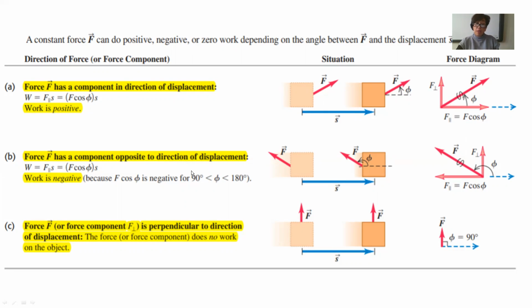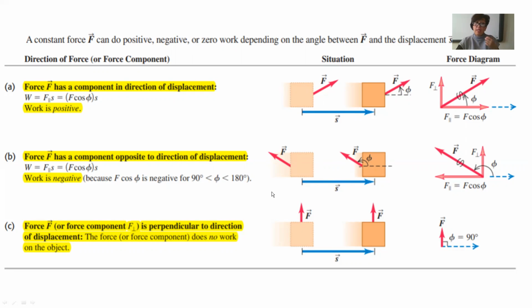And part number B, here the force has a component opposite to the direction of the displacement. The force acts on the body opposite to the direction of this displacement.